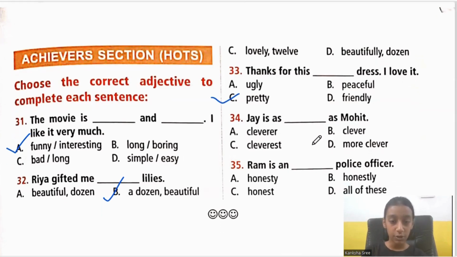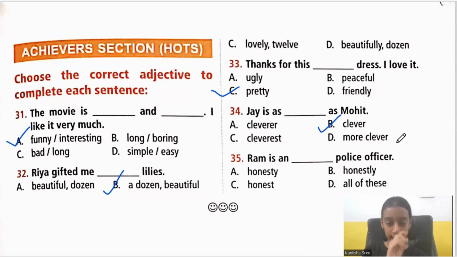Next, 34th one. J is as dash as Mohit. As cleverer, as clever, as cleverest, more clever. J is as clever as Mohit. Next, 35th one. Ram is an dash police officer. Honest, honesty, honestly, or all of these.